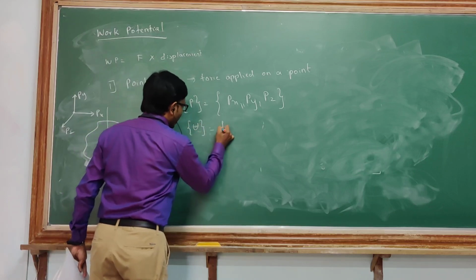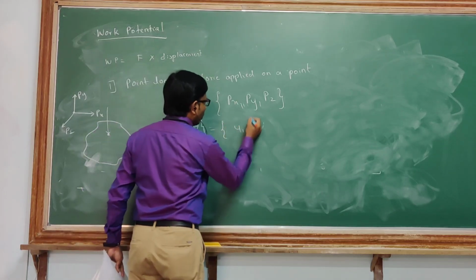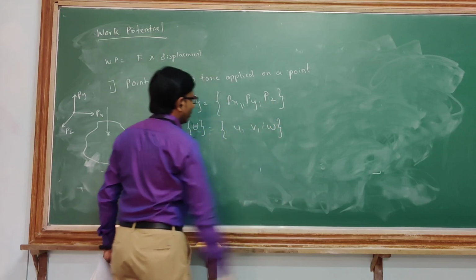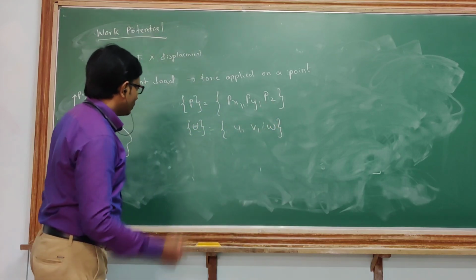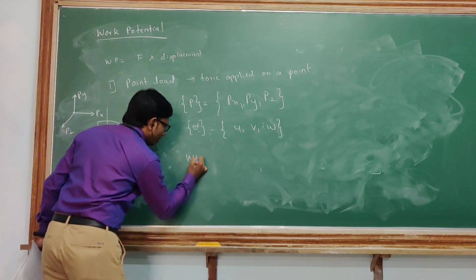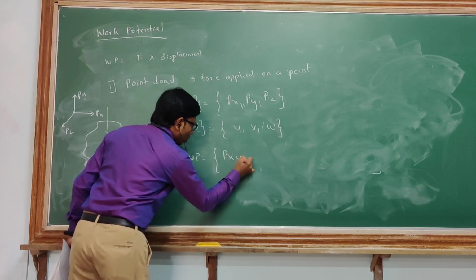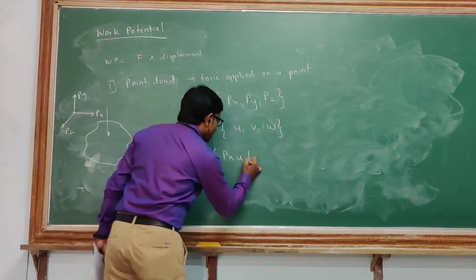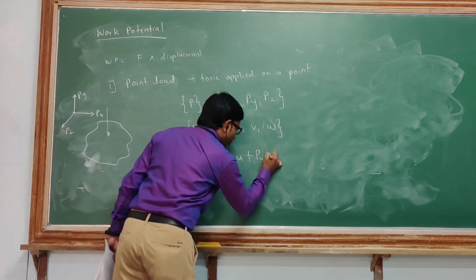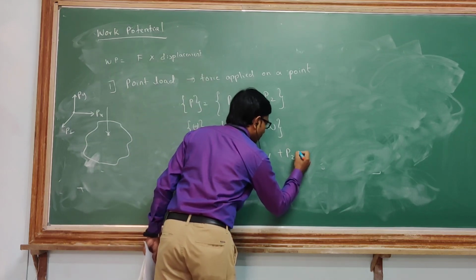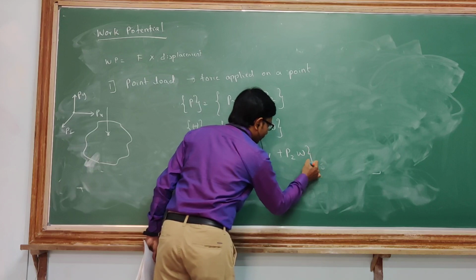For Px you will be getting U, for Py you will be getting V, for Pz you will be getting W. Now you have to write what is work potential. Work potential will be Px times U, plus Py times V, plus Pz times W.